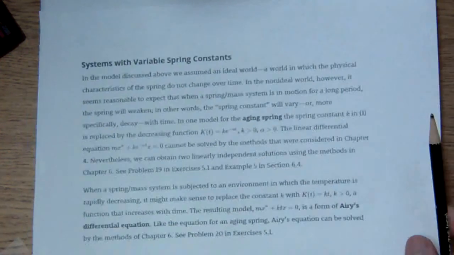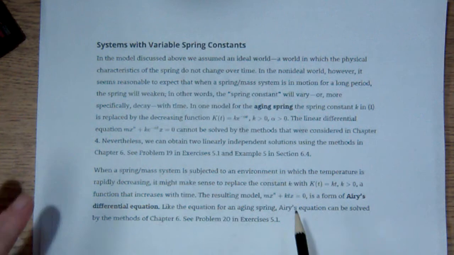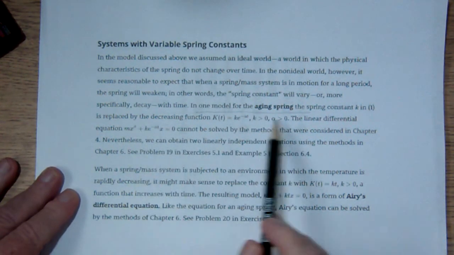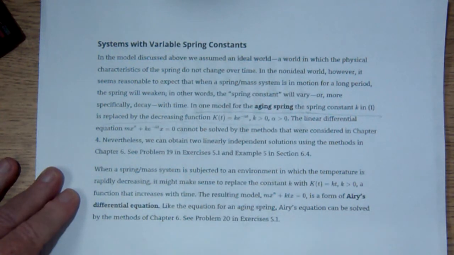Now, there are all kinds of variations that people will do on this. Some people talk about an aging spring, and there you replace the spring constant by a decreasing function, like an exponential, and it turns out you have to do infinite series solutions to that, chapter 6 techniques.